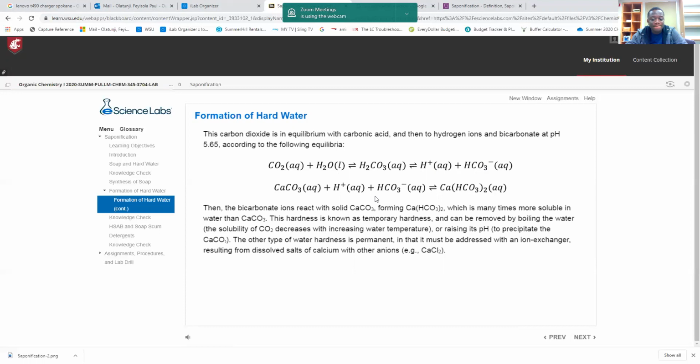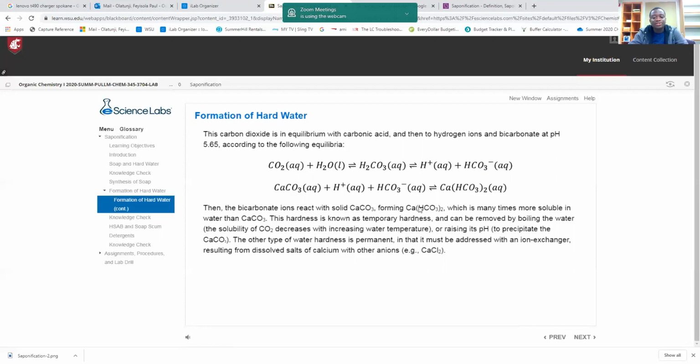So generally, there are two types of hardness in water. You can have your temporary hardness and your permanent hardness. Okay, so temporary hardness is basically composed of calcium bicarbonate. Okay, and that's when solid calcium carbonate interacts with bicarb in water, and then you end up getting calcium bicarbonate.